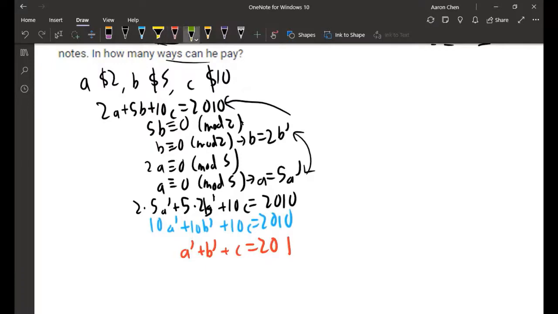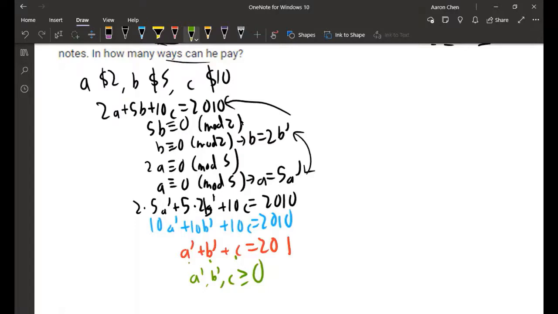The only restrictions on A prime, B prime, and C are that they are all non-negative. It's possible for him to pay 0 of some kinds of bills. He doesn't need to use all 3 kinds.